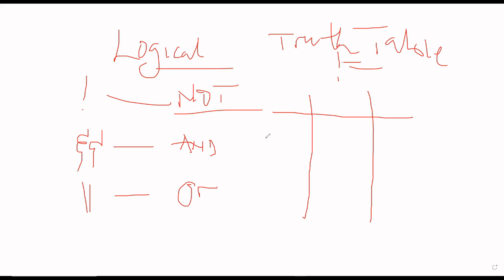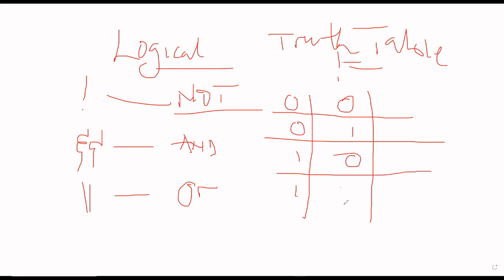Let's say I have 0, 0 here, 0, 1 here, 1, 0 here, and 1, 1 here. So this is input 1, input 2, and this is the output.